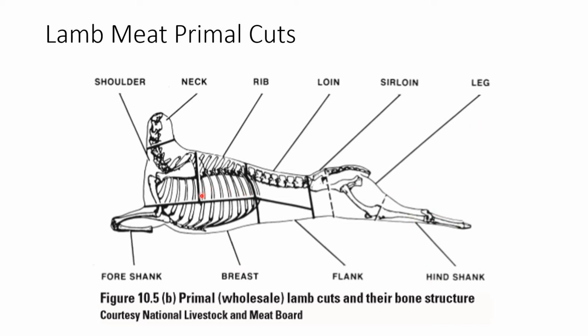The important point to note is that between the fifth and the sixth rib, the cut happens. You see, this is the fifth rib, this is the sixth rib. Between this, a cut happens, and between the 12th and the 13th, which we'll see afterwards. This is the same for beef also.